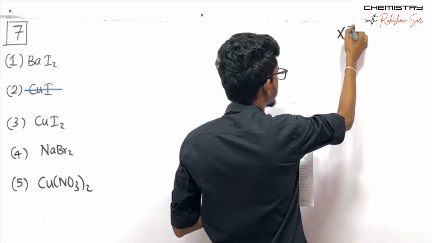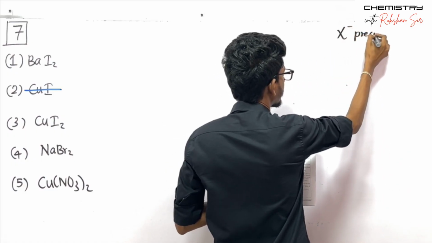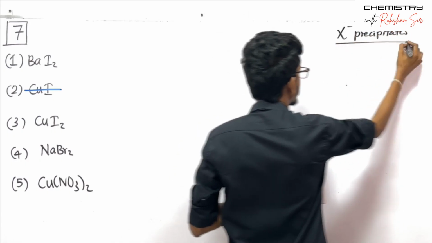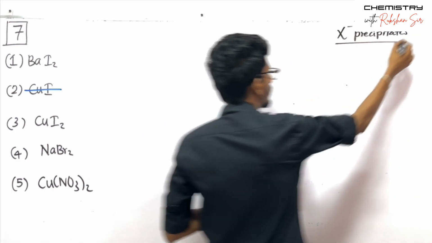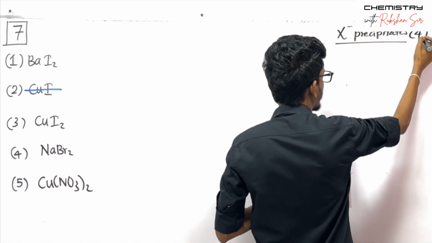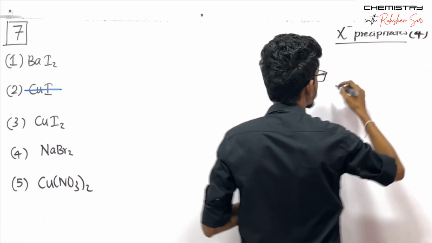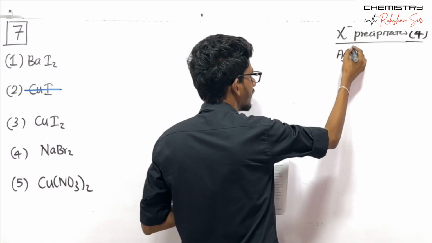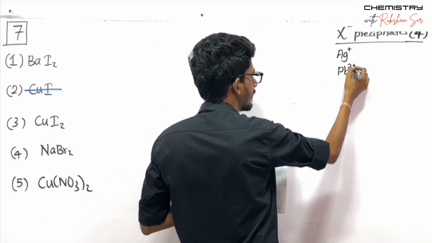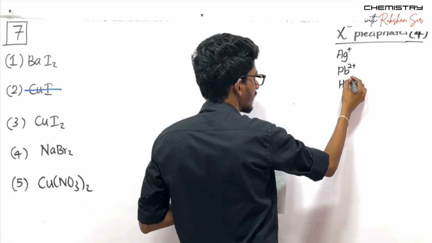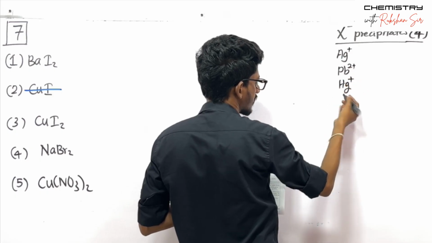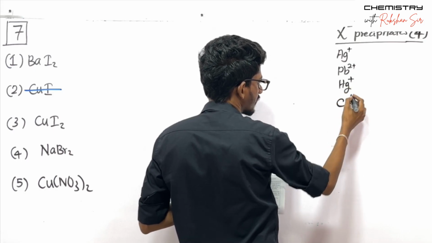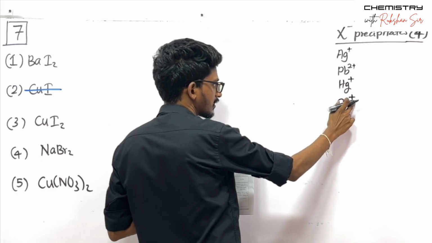X minus precipitates. Earlier also I had written this. Only 4 cations are capable of precipitating X minus halogens: Ag plus, Pb2 plus, Hg plus, and Cu plus. This is plus 1, not plus 2.